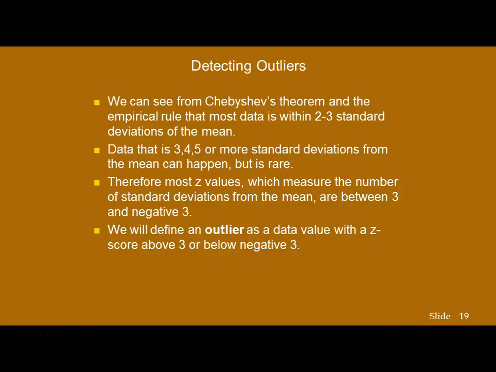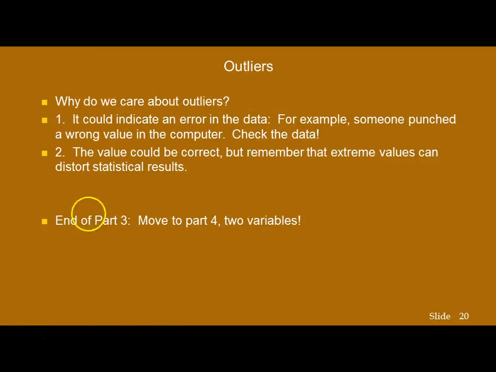Now that doesn't mean that it couldn't happen. You can get z-values of 4, 5, 6, 7, whatever, but they just become rare. A z-value of 5.2 means you're 5.2 standard deviations above the mean. That's quite rare. It happens a very, very tiny percentage of the time. One of the reasons we care about outliers is you could have an error in your data set.